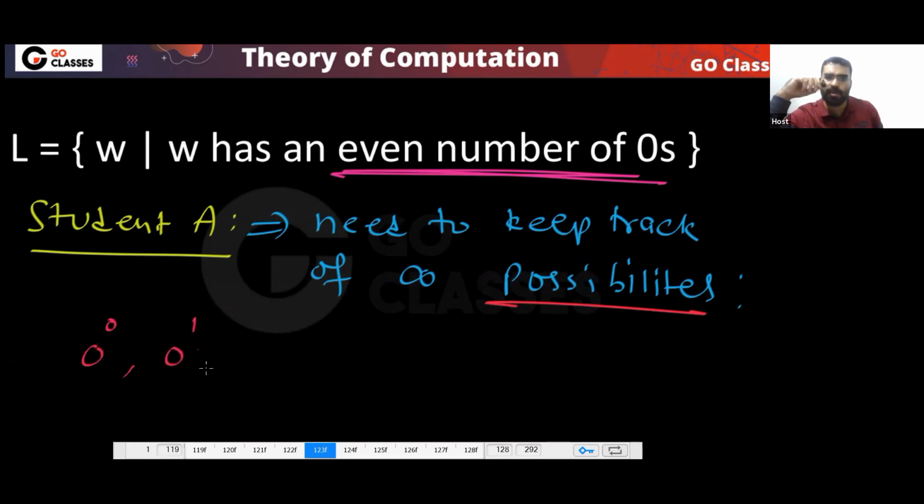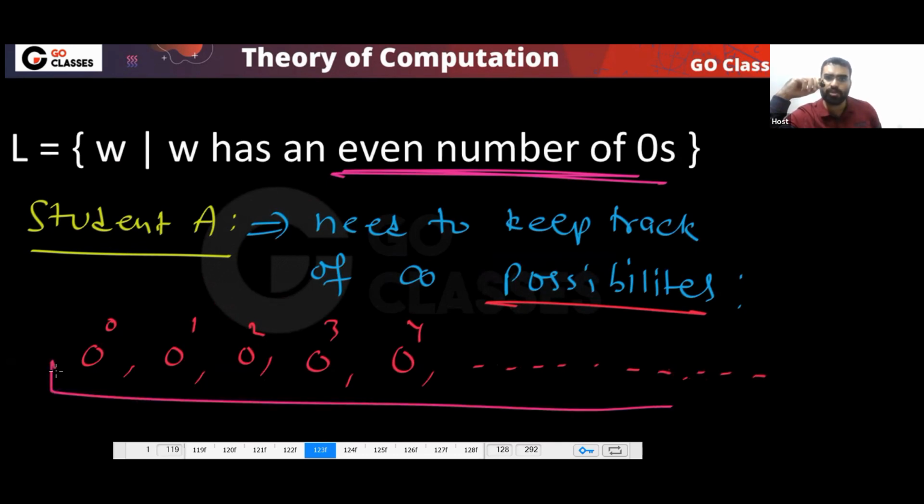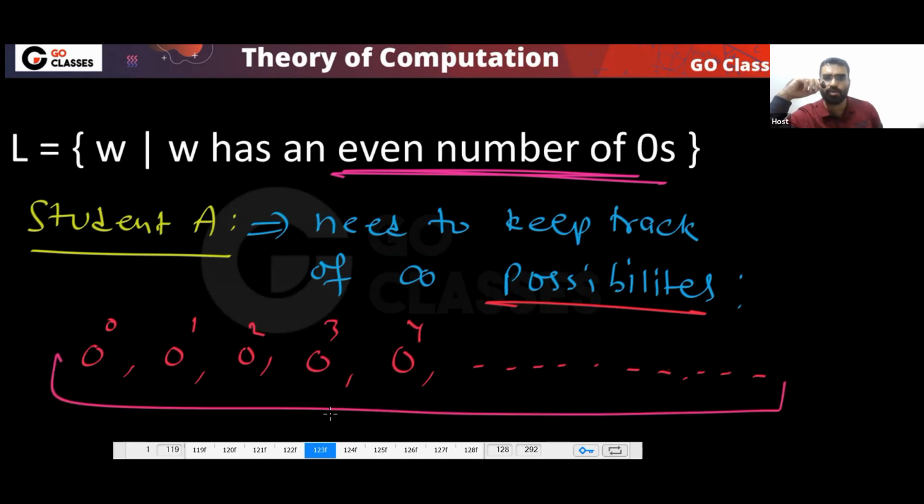Agree or not? So these are the infinite possibilities that I need to keep track of.